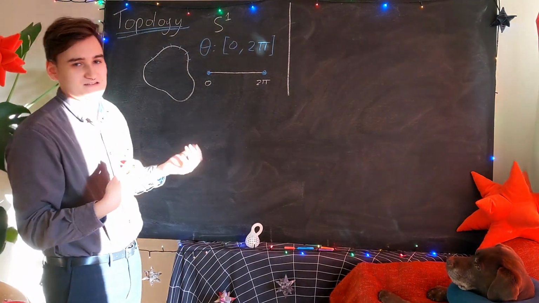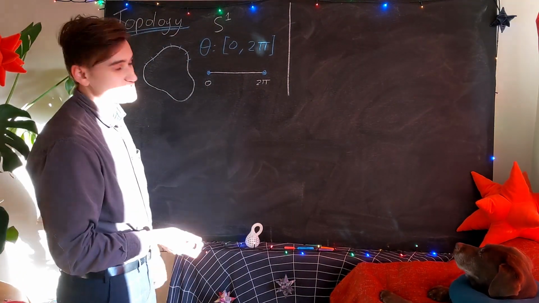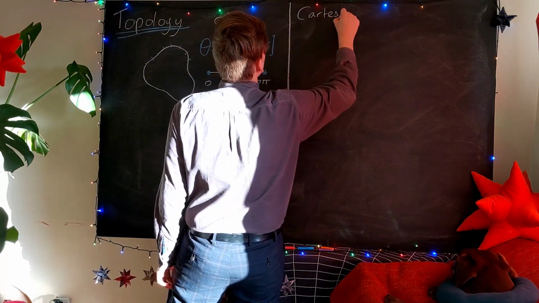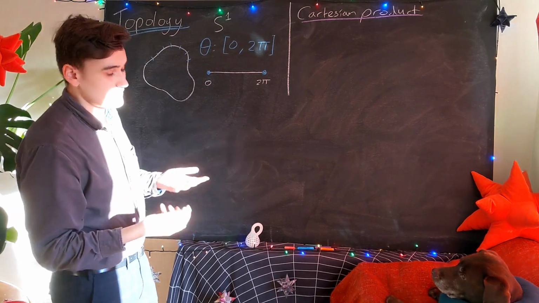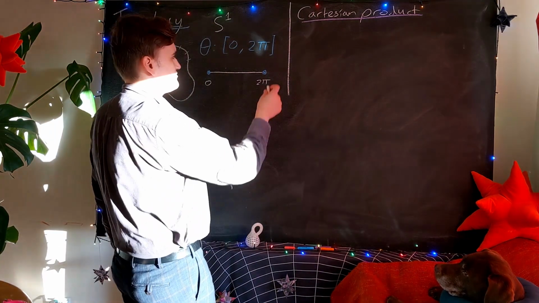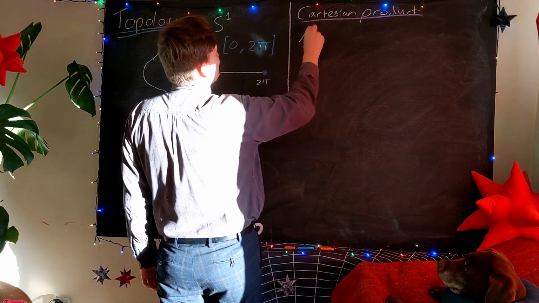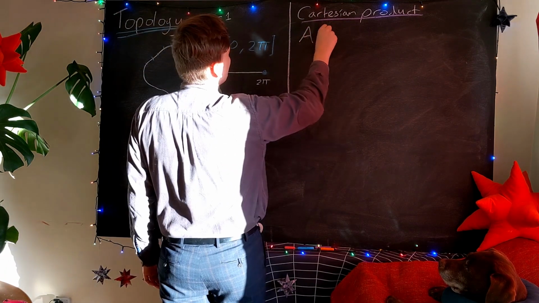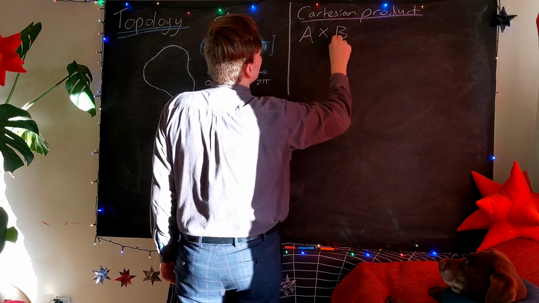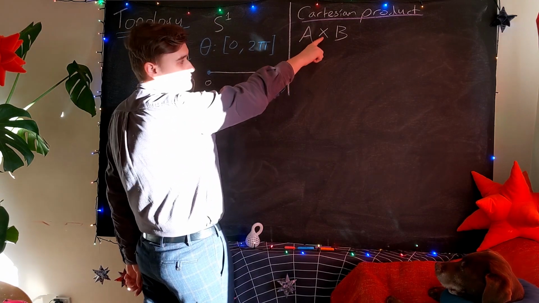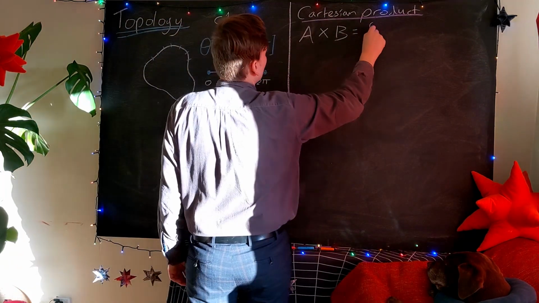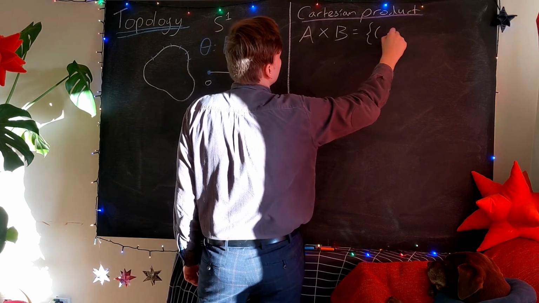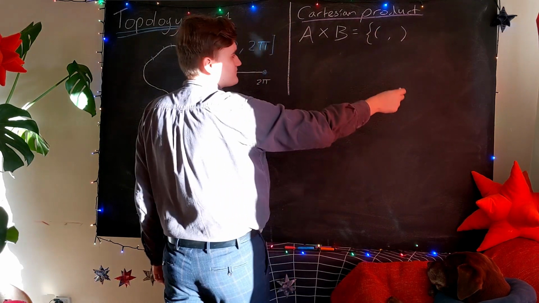But before we do that, I just need to say a few things about the Cartesian product. I defined the Cartesian product in the preliminaries video, so I'll just remind you. If we have two sets, A and B, we can form their Cartesian product using this cross notation, which is simply the set of what we call ordered pairs.